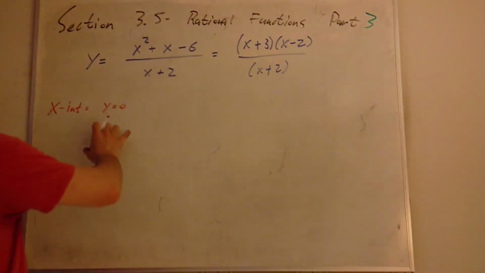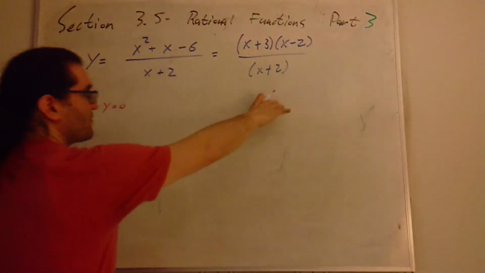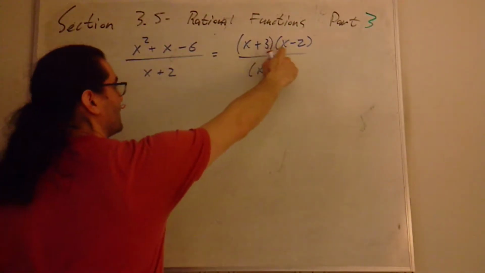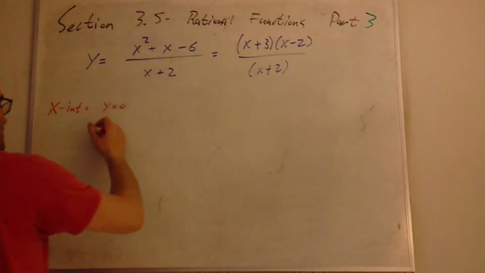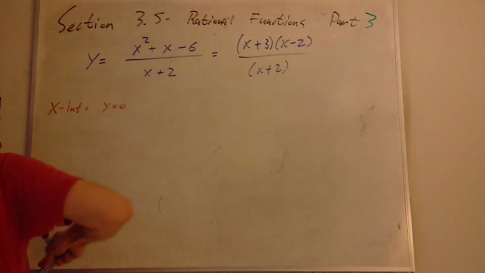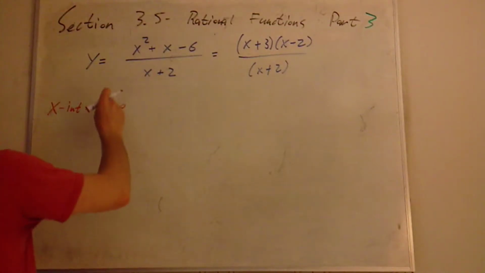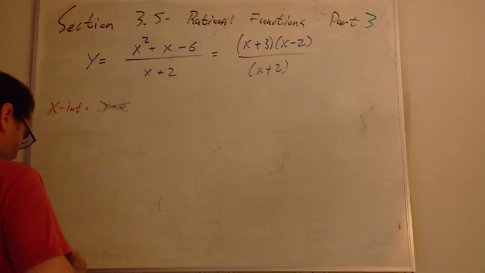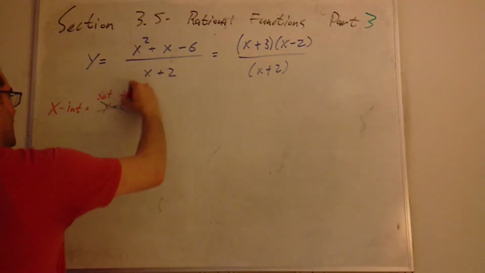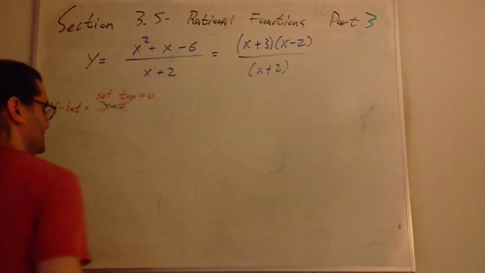When you set a fraction equal to 0, that is essentially the same thing as setting the numerator equal to 0. So I'm going to sort of cross this out. Setting y equal to 0 is still officially the correct maneuver here, but as a practical shortcut, we can just say that we're setting the top equal to 0.